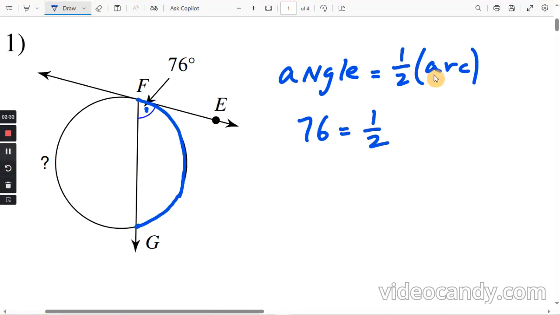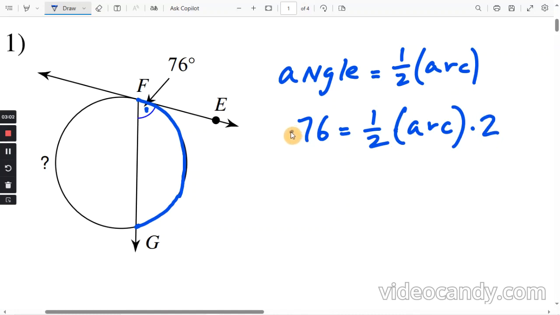You can write the measure of arc FG if you wish, but you don't have to. I am just going to leave it as 1/2 times the arc for now, because I already highlighted which arc I'm referring to. To solve for the arc, how do you get rid of 1/2? We just multiply both sides by 2. The opposite of times 1/2 is times 2.